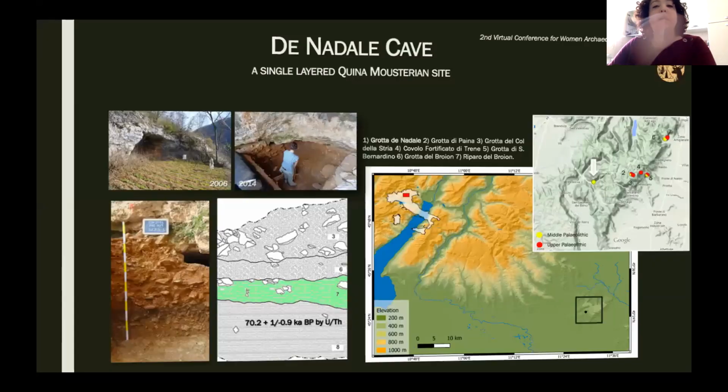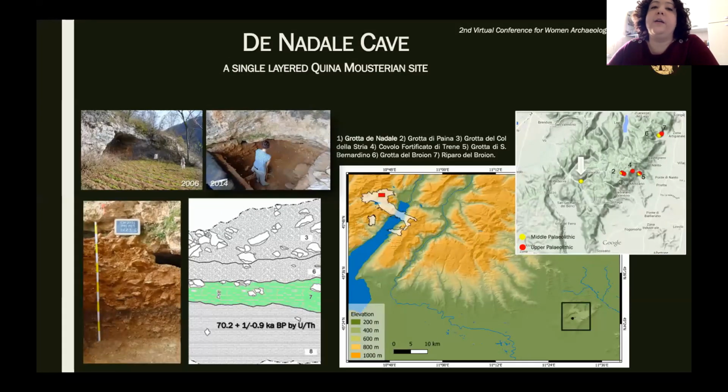As you can see, the Nadale Cave is a single-layered Kinami-Syrian site dated to 70,000 years ago, that is to say, MIS4, which is peculiar because it's one of the rare sites from the MIS4 in the north of Italy, and it is located in a region already rich in Paleolithic evidence, both from Middle and Upper Paleolithic.